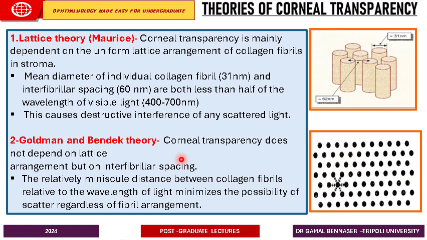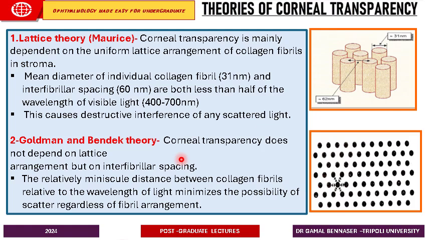This ratio is fixed all over the cornea, and this makes both the thickness of the collagen fibers and the distance between them less than half of the wavelength of visible light, which is around 400 to 700 nanometers. This leads to destructive interference for any scattered rays, so there is high transparency of the cornea. More than 90% of the rays pass through the cornea and reach the retina. So this is known as the lattice theory or the Maurice theory.